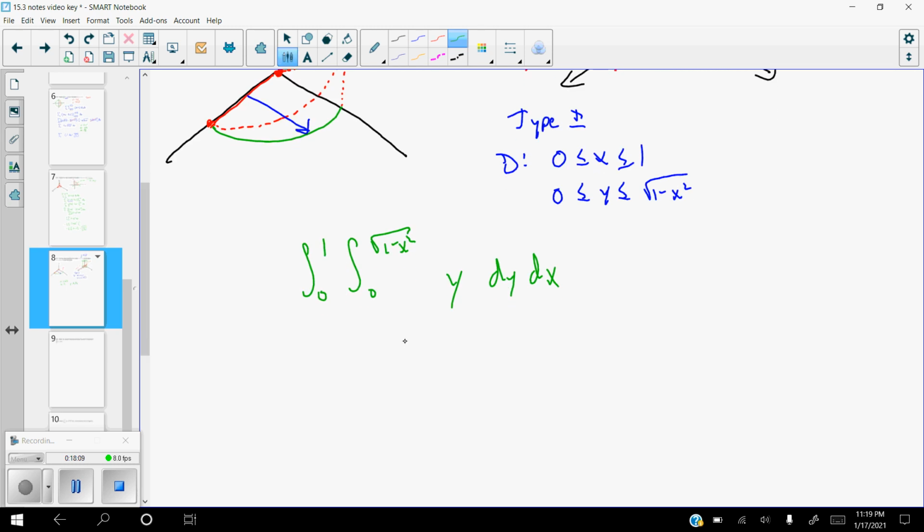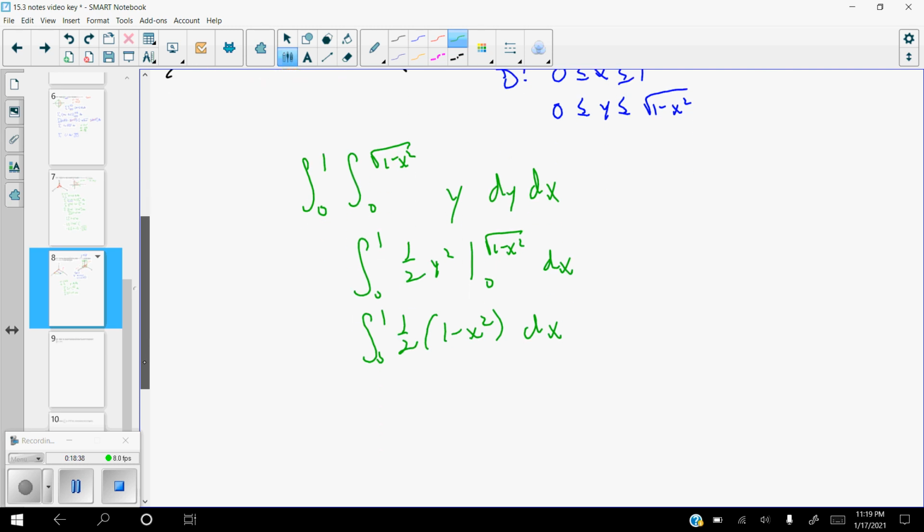Antiderivative with respect to y is 1/2 y squared from 0 to the square root of 1 minus x squared. Got your integral still with respect to dx on the outside. So let's see, it's going to be 1/2. Plugging in the square root squared is going to get rid of the square root. Plugging in 0 gives us nothing. So this should actually be a relatively easy antiderivative.